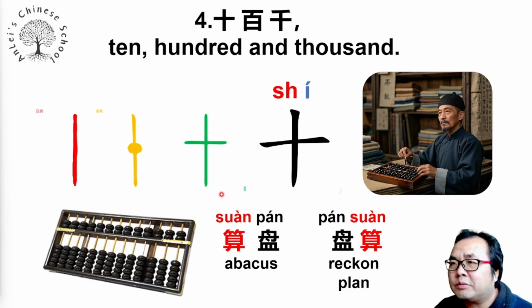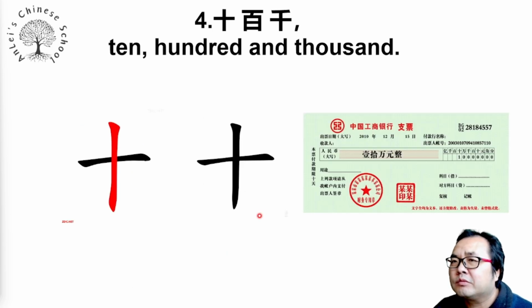In small seal script, it's just like a cross. So the Chinese character 10, 十, is a cross. But you'll find a problem. Number 1 is very easy to change into number 10. Just make a horizontal stroke, and it will become from 一 to 十. That's a big problem.